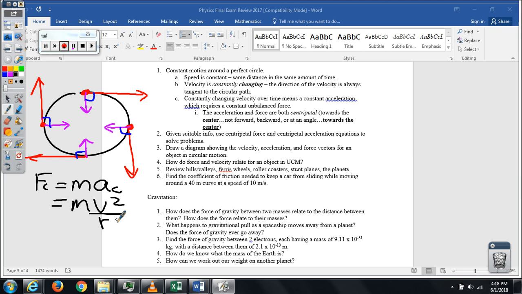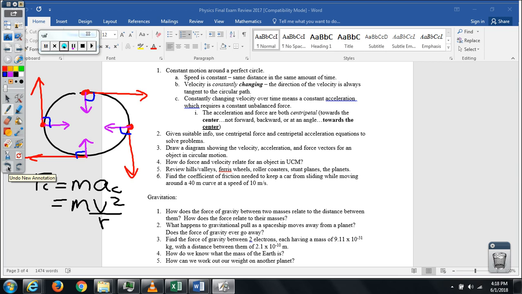Keep in mind, I make that comment in part C of number 1. It's towards the center. If you see in a picture a vector that is pointing inside into the circle but not towards the center, that is not centripetal motion. That's not specifically uniform circular motion.